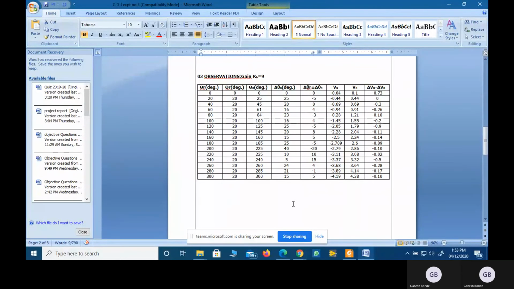We just note down the readings and plot the graph. Corresponding to theta r and theta 0, we have measured VR and V0 with the help of probes.